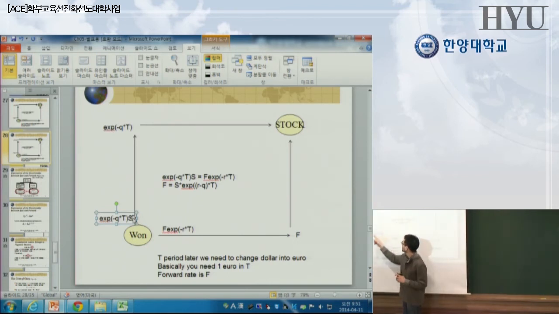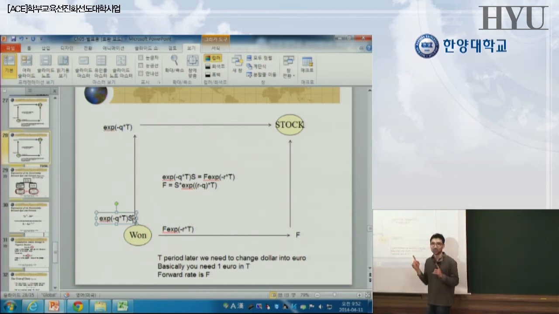I just need exponential of minus Q times S. I invest this and buy this amount of stock, and because the stock generates dividend, this amount of stock grows to one stock. Then again, these two routes should be exactly the same. Therefore, this is the formula.